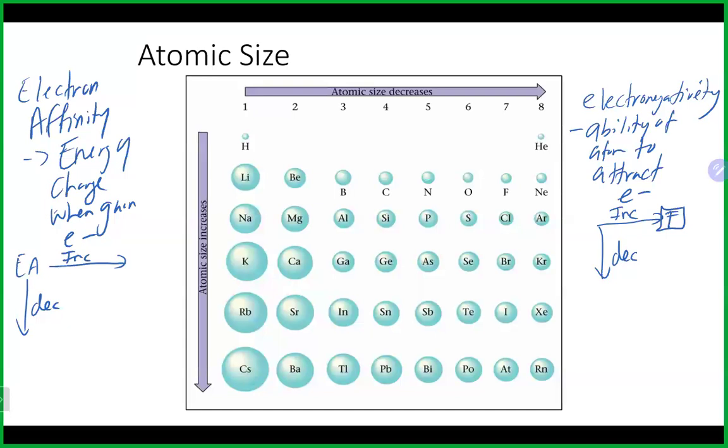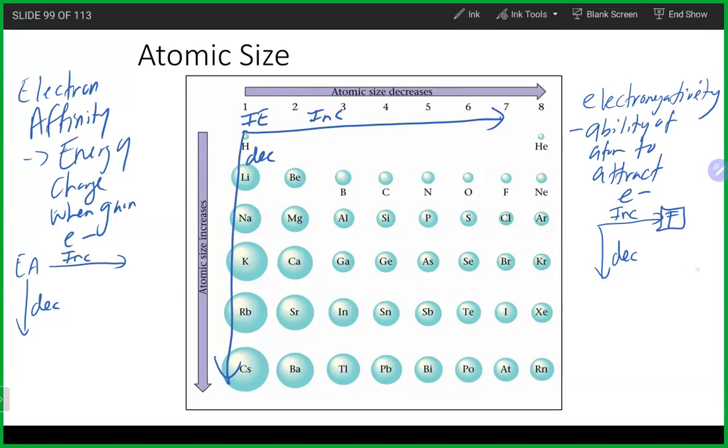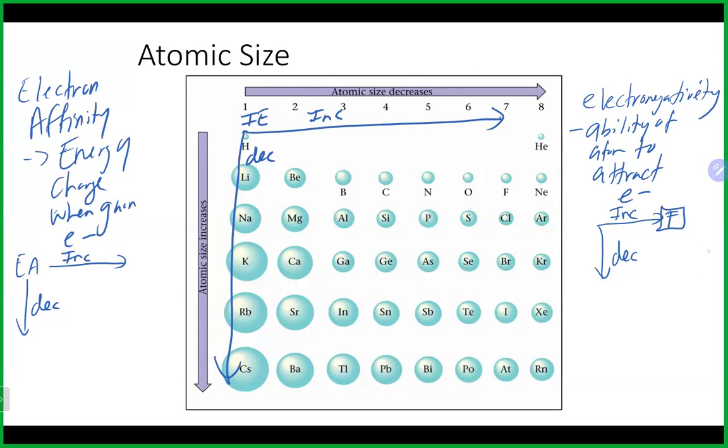So let's use this as our little diagram here. We have atomic size gets smaller to the right. We'll put in our other stuff. Our ionization energy increases this way, decreases this way. Our electron affinity increases this way, decreases this way.